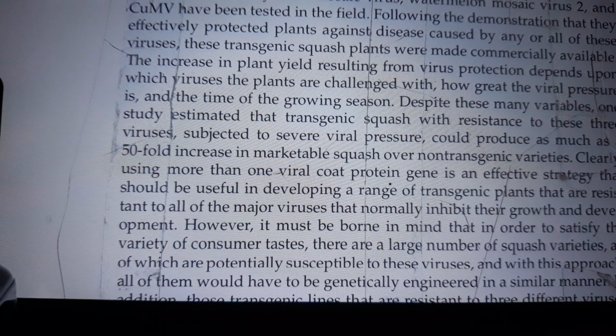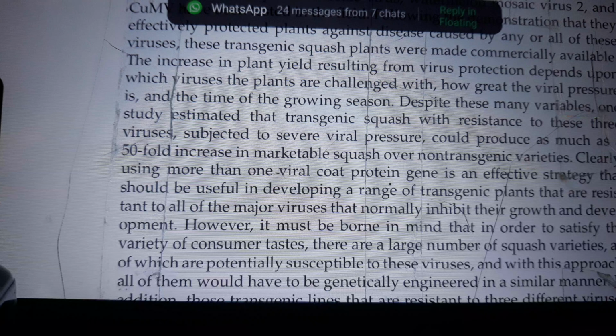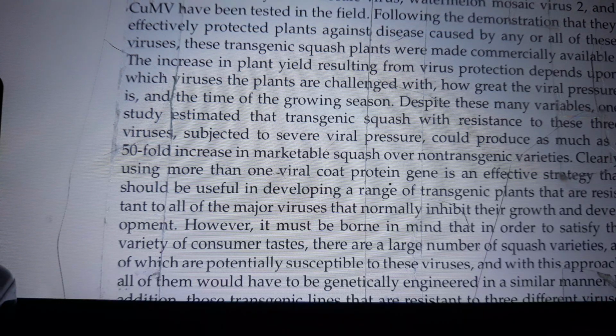The increase in plant yield resulting from virus protection depends on which virus the plants are challenged with, how great the viral pressure is, and the time of the growing season. Despite these many variables, one study has estimated that transgenic squash with resistance to these three viruses, subjected to severe viral pressure, could produce as much as a 50-fold increase in marketable squash over non-transgenic varieties.